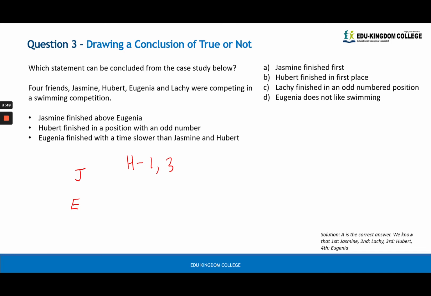Eugenia finished with a time slower than Jasmine and Hubert. So Eugenia is going to finish slower than Hubert and Jasmine. So Hubert would be 3rd here. And therefore, Lockie would be 2nd. Therefore, the answer here is A. Jasmine finished 1st.